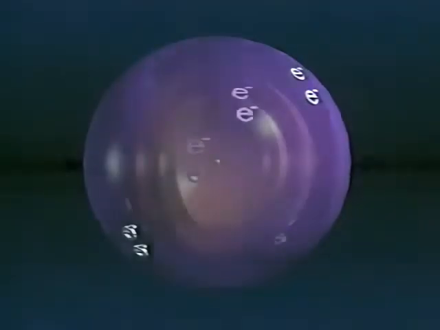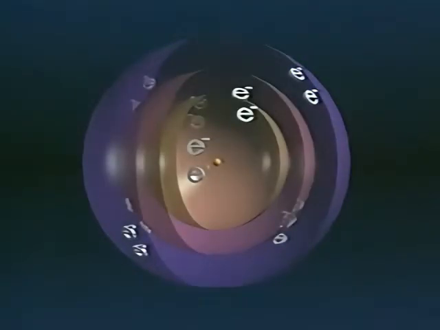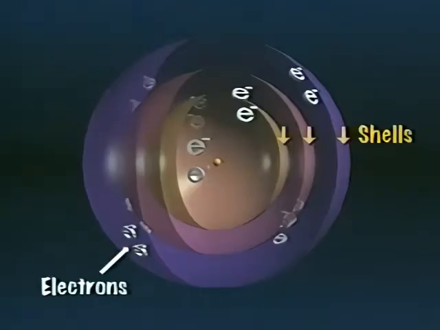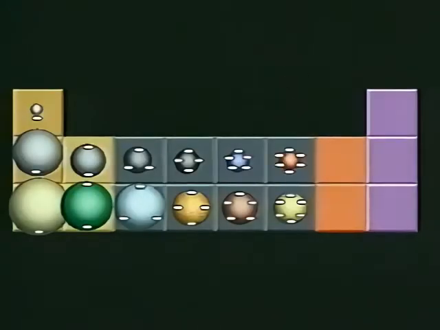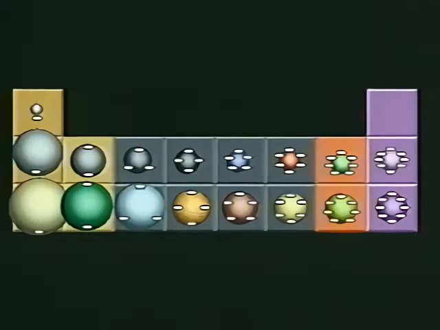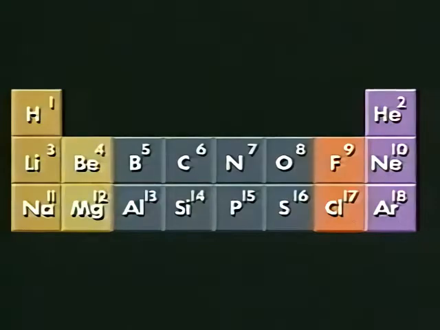Our model represents the arrangement of electrons in shells that surround the atom at different energy levels. Each shell has its own subshells. Atoms are positioned on the periodic table according to the arrangement of their electrons.